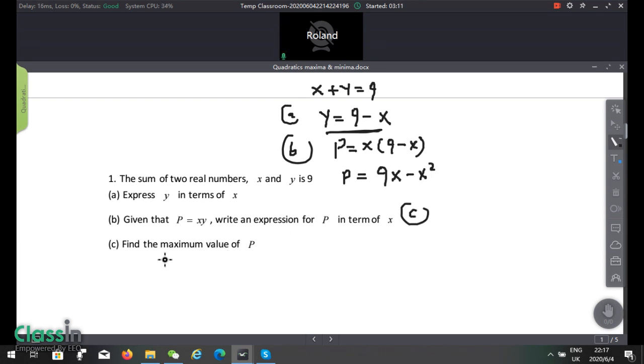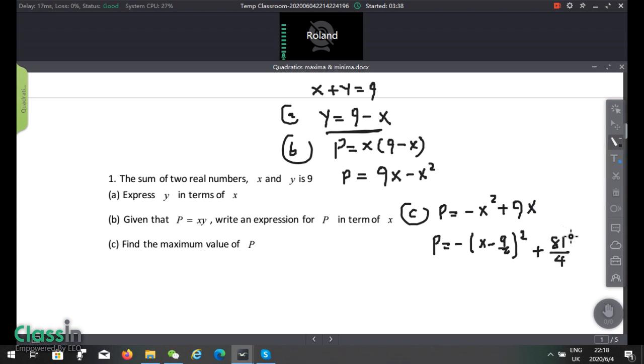C. Find the maximum value of p. So if we complete the square, remember p is negative x squared plus 9x. If we complete the square, we have p equals negative of x minus 9 over 2 all squared plus 81 over 4.